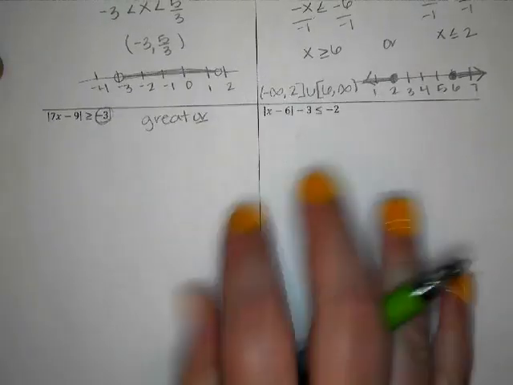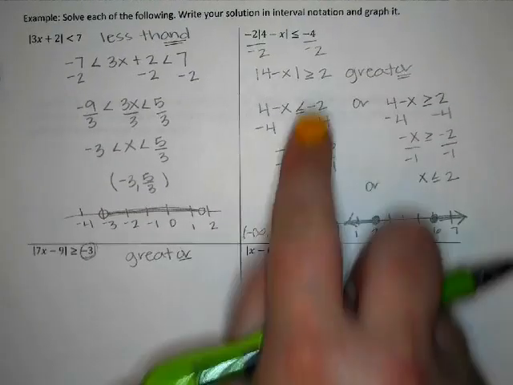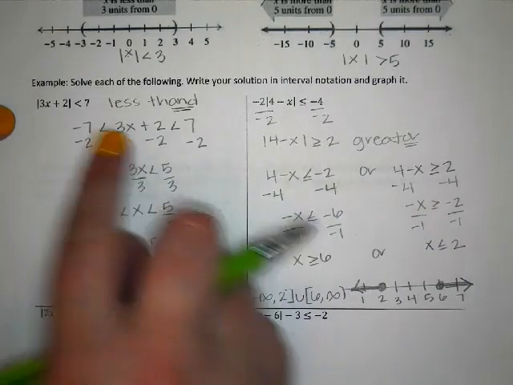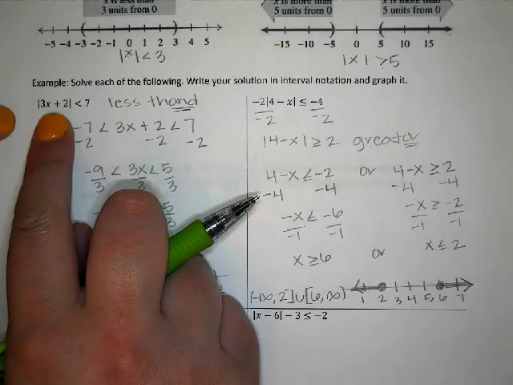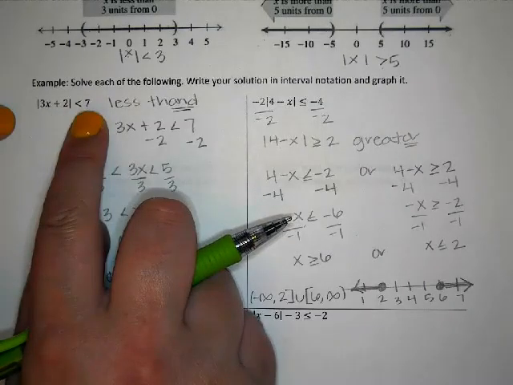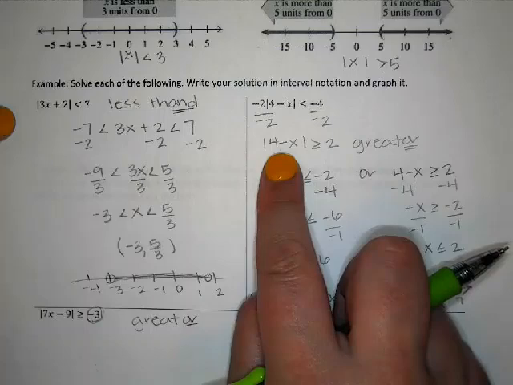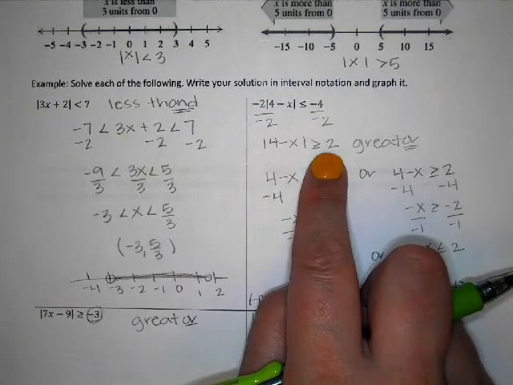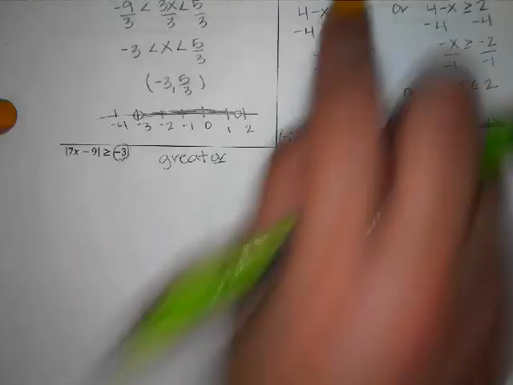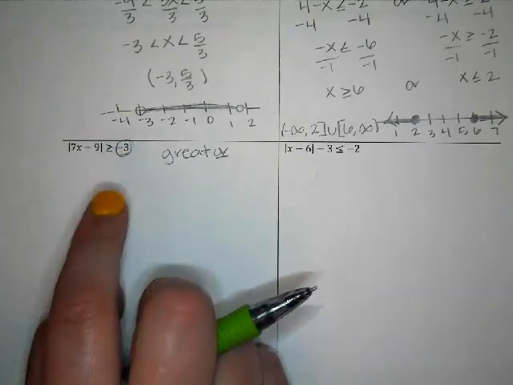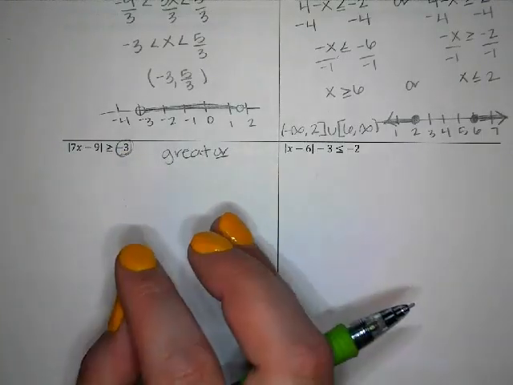So if we had, like the last two problems, we said the distance from some unknown number to 0 is a distance of less than 7. The distance of some unknown number to 0 is a distance of greater than 2. That kind of made sense. Here, we're trying to say the distance of some unknown number to 0 is negative 3, and that doesn't really make sense anymore.